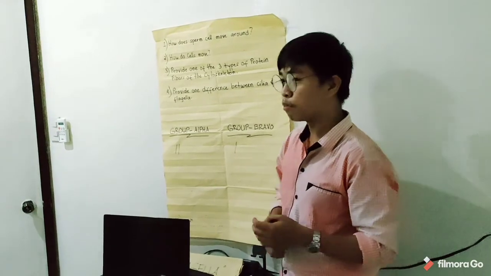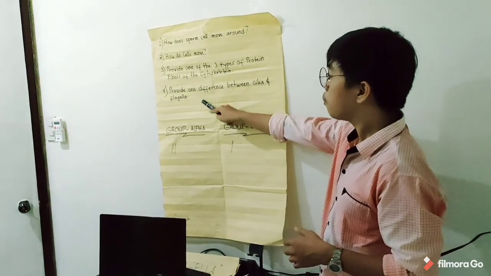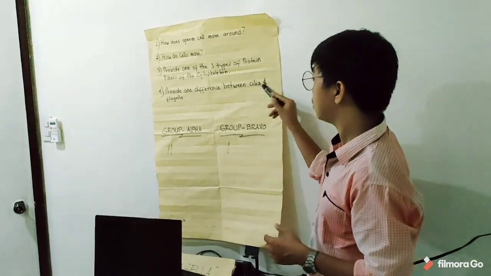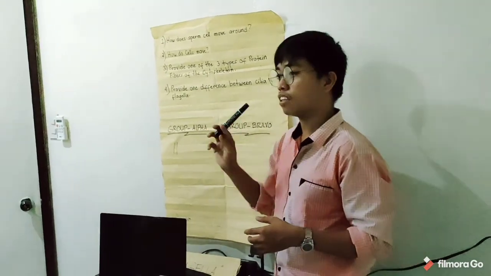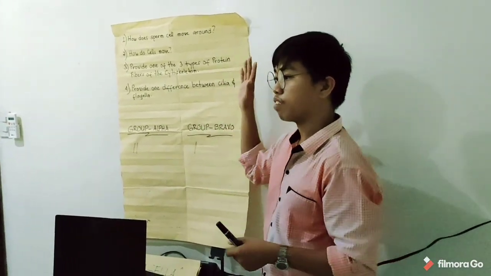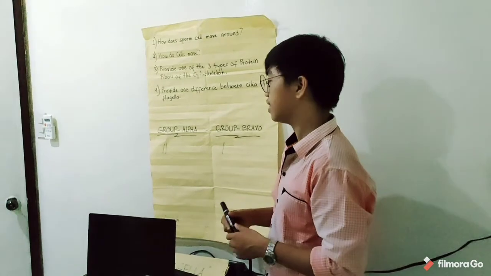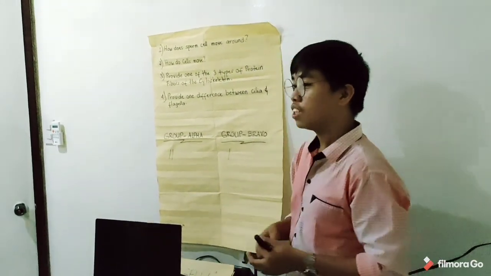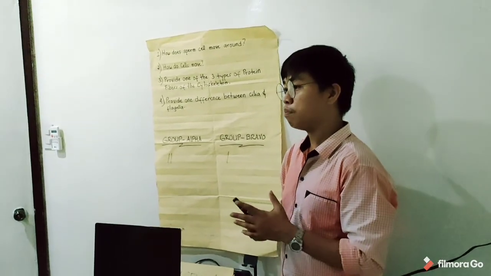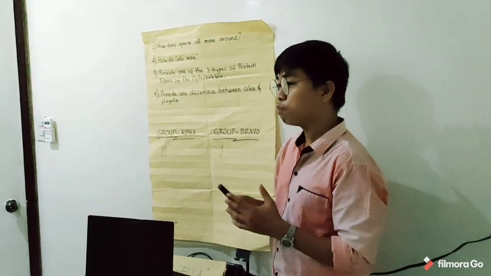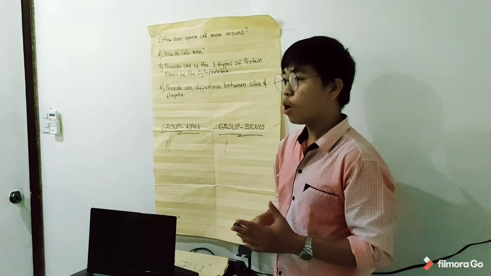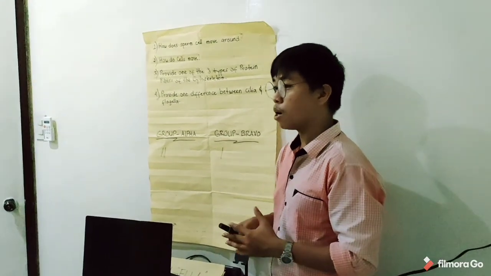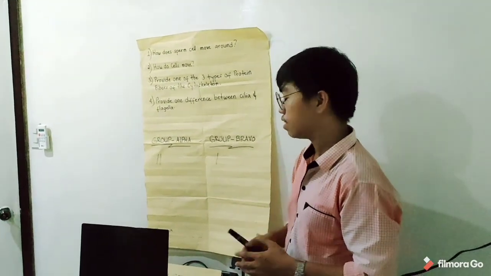Okay, so now question number 4. Provide one difference between cilia and flagella. So, okay, Alpha. Yes. Very good. So, the way they move is different because the cilia move in a coordinated way while the flagella move independently.